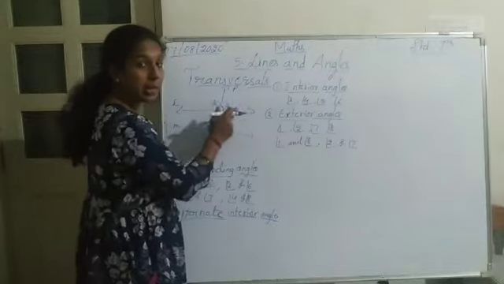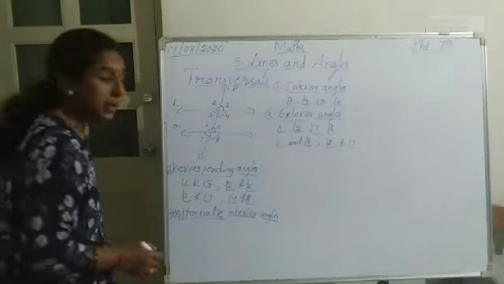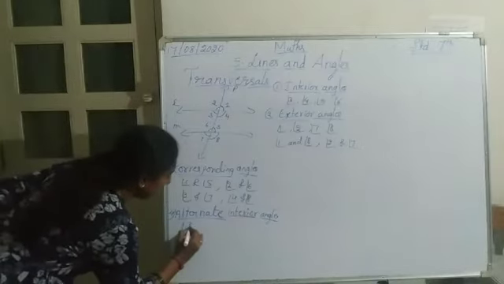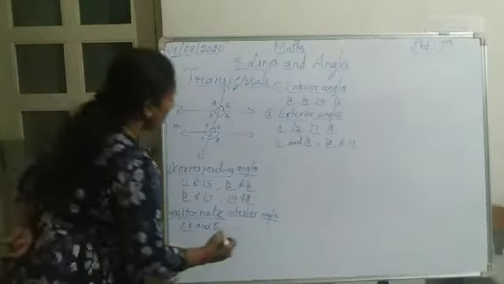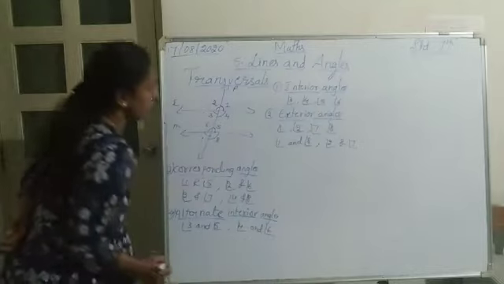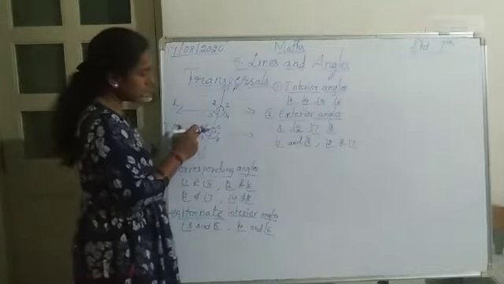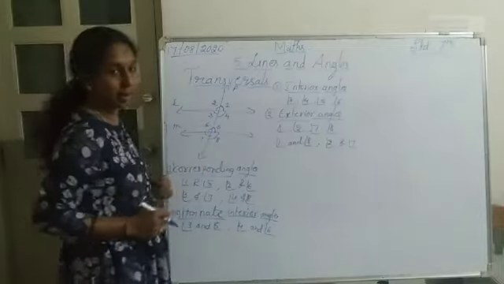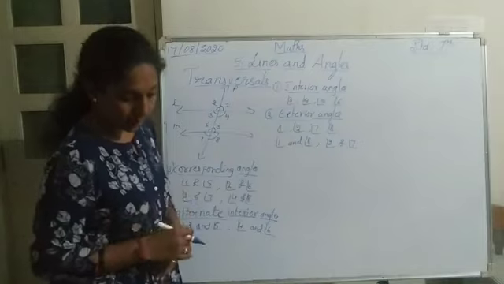So these are the alternate interior angles: angle 3 and angle 5, and angle 4 and angle 6. So angle 4 is the alternate interior angle to 6, and 3 is for 5.